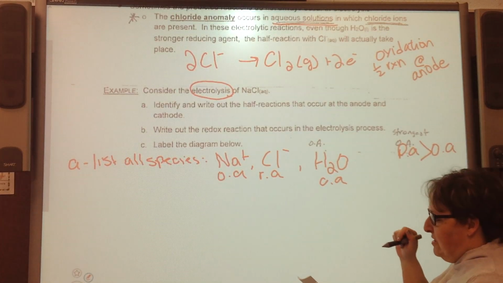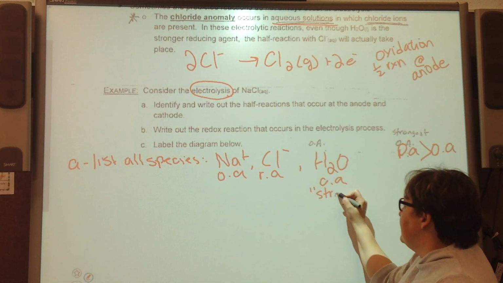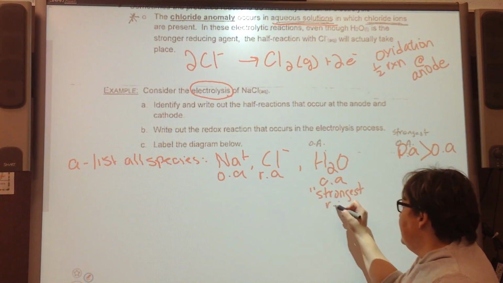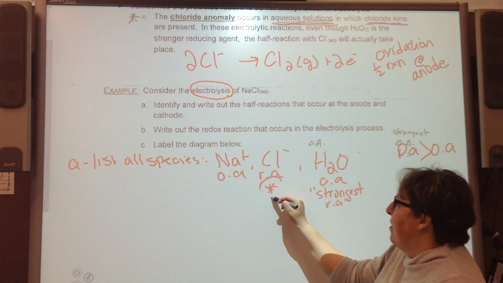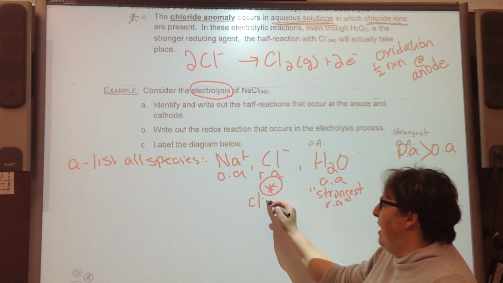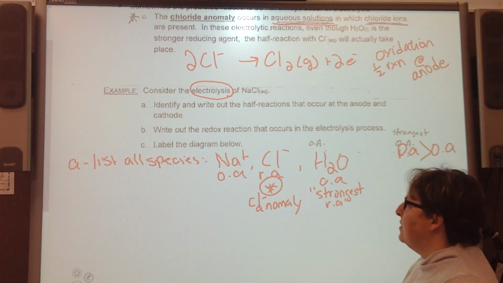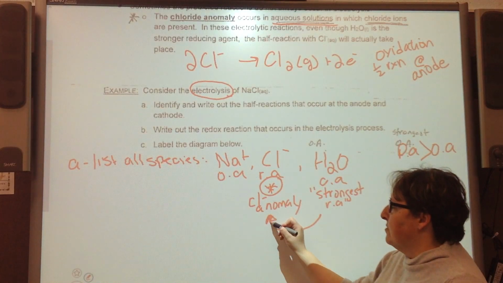So when we look at it, this turns out to be our strongest reducing agent. However, this is our chloride anomaly. So this becomes our new strongest reducing agent.